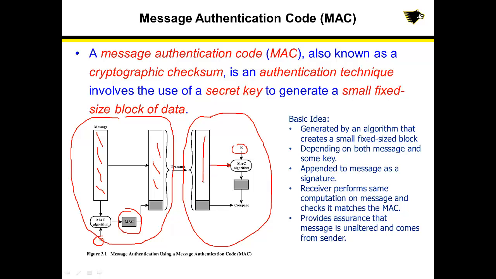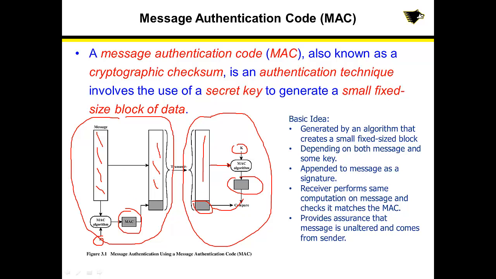So this message and the K as the input, using the MAC algorithm, will create some MAC code here. Also, you extract from the received message this MAC value. Then you compare these two MAC values to see whether they are the same.